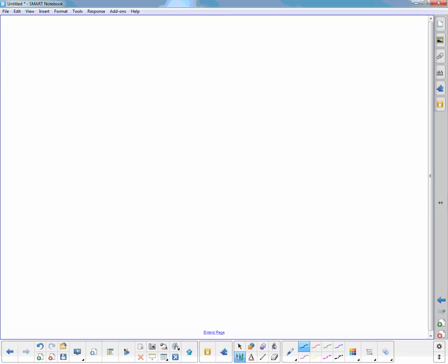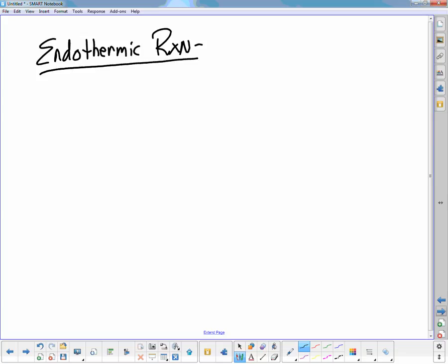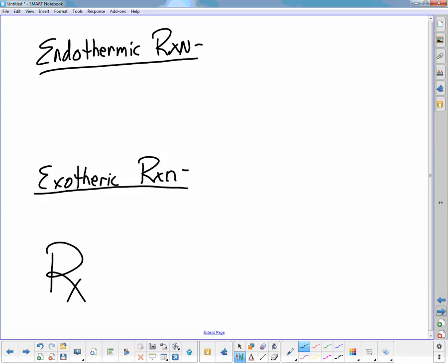Okay? Last couple things I want to go over on that first page are endo and exothermic. And you'll see me shortcut reactions with RxN a lot, just because I don't like to write reaction all the way out. If you've ever gone to the pharmacy, they often do that.